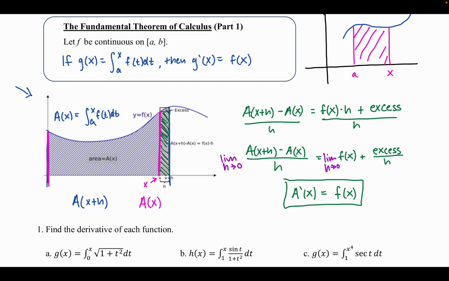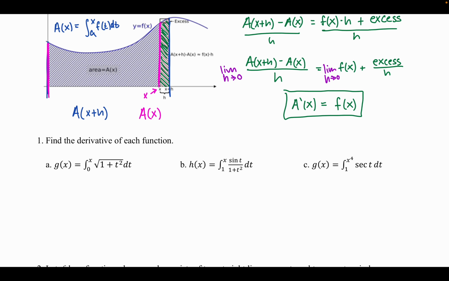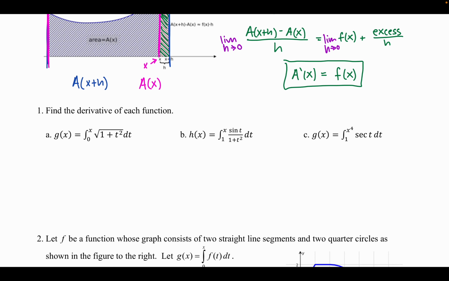So we're going to use this fundamental theorem of calculus to find the derivative of functions involving integrals. So for letter A, we're going to have g prime of x. To find the derivative of this, all we do is plug x into our f function. So this is f of t right here.